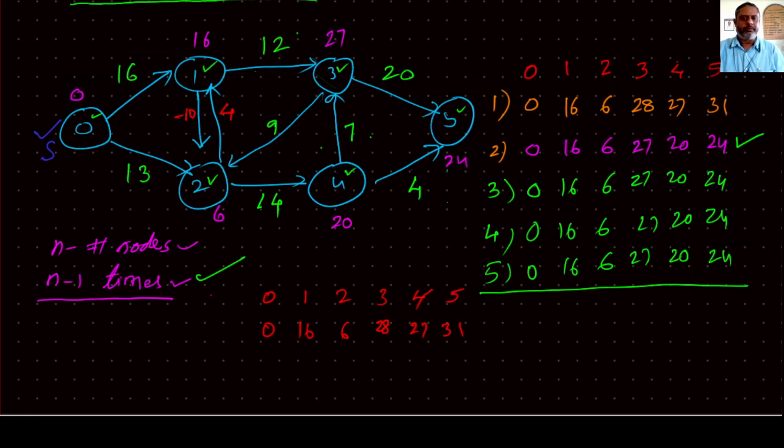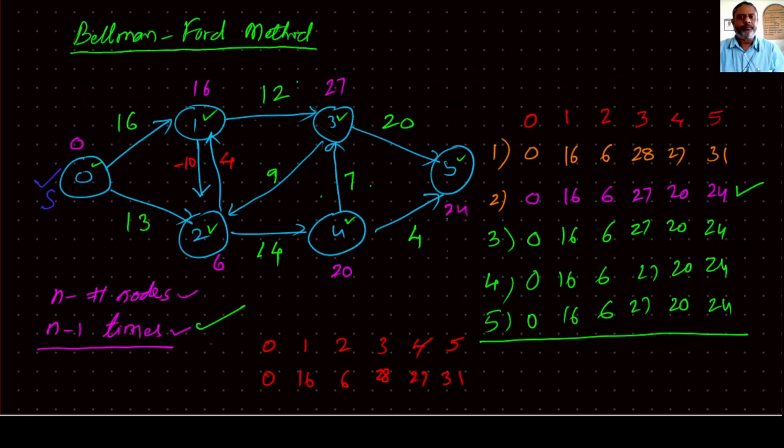In the second step, what will happen? Let me put them: 28, 31. Okay.